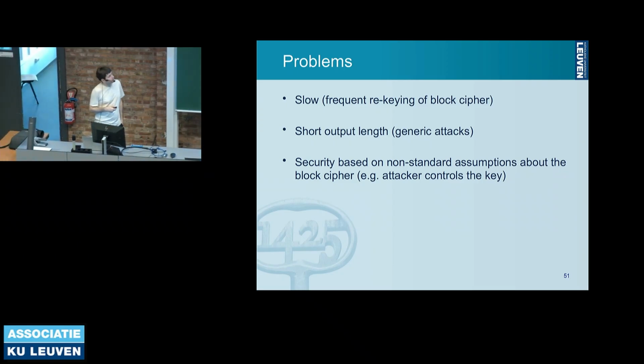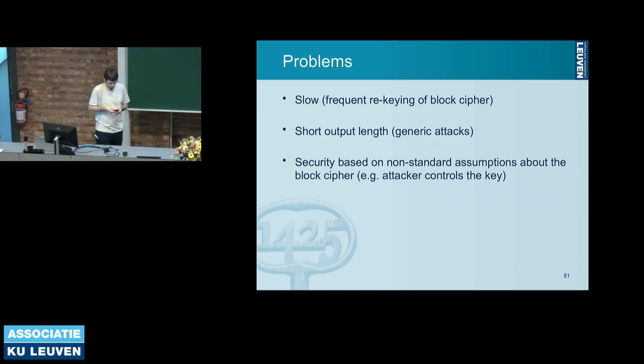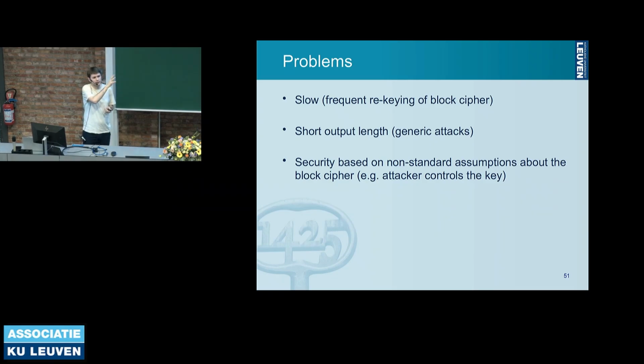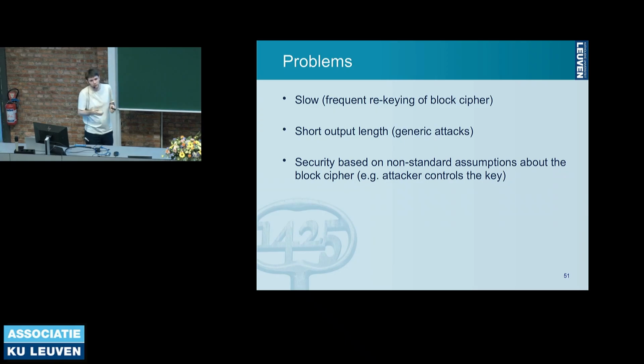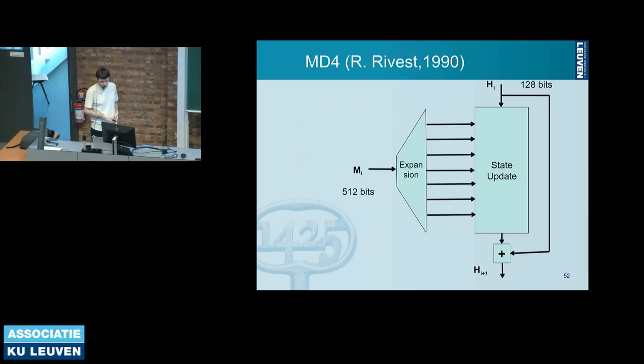So you really would need a block cipher with a long block length for this. And also, in a block cipher, usually it's designed so that the key schedule can be quite expensive, because you only need to do it once in the setup. But here, if you're using the message as what is normally the key, you need to compute this key schedule many times, and this is not what it was intended for. So that can be quite slow.